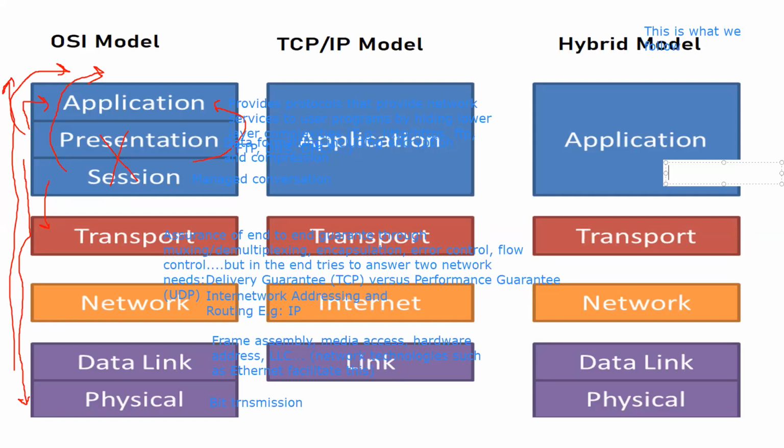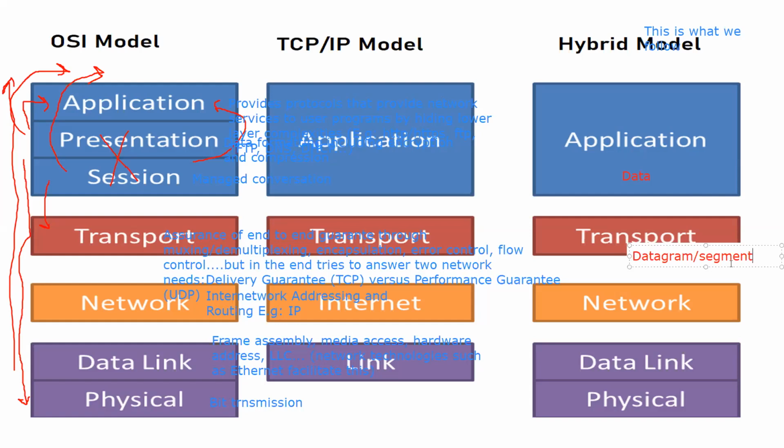This is what it is. Then, for the sake of our understanding, we are going to say something about data encapsulation. Therefore, if you have data from the user program, when it reaches the application layer, it is still called data. And at the transport layer, we are going to call it datagram or segment. Okay.